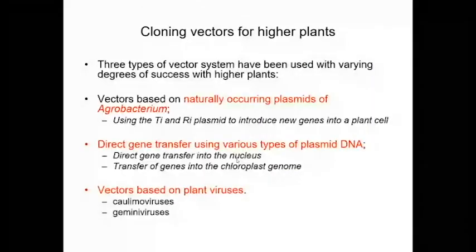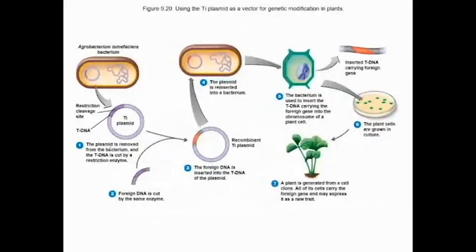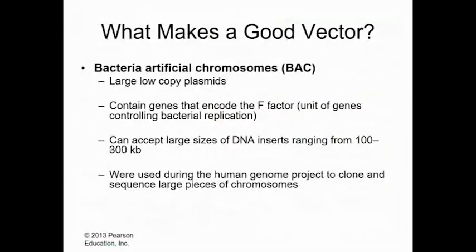So that's the vector based on the naturally occurring plasmid of Agrobacterium. Or you have direct gene transfer using various types of plasmid DNA. So you have direct gene transfer into the nucleus, or you can transfer genes into the chloroplast genome.